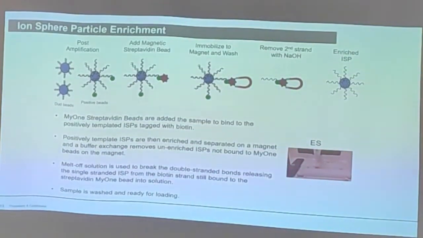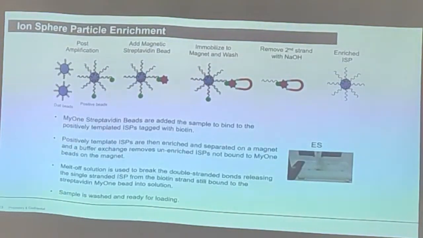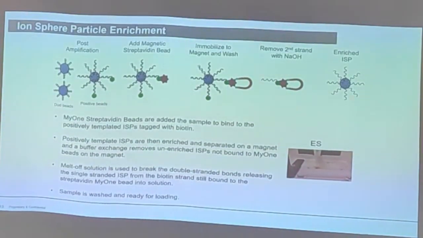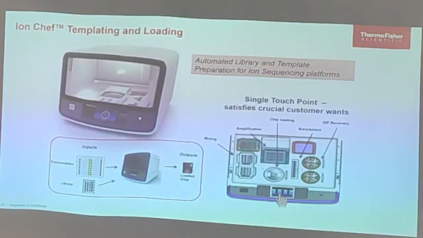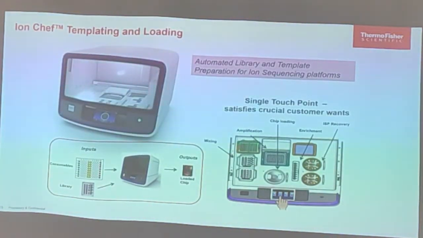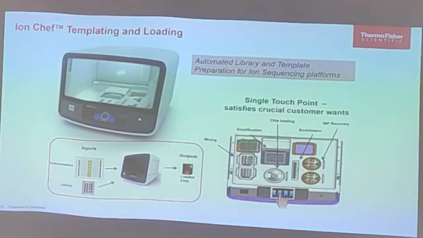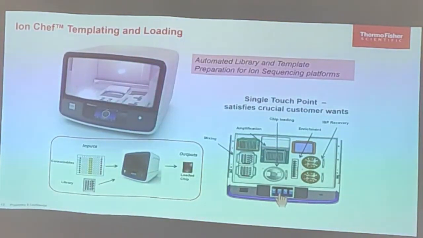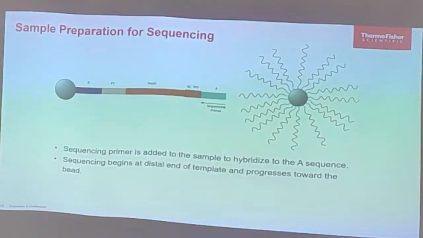Strand synthesis goes on, and with incorporation of each dNTP, a hydrogen ion is released and recorded. So this is the automated system. You will see this, we call it Ion Chef, the bawarchi. It prepares the template. It cooks the template for you.